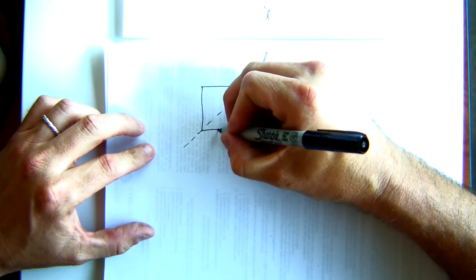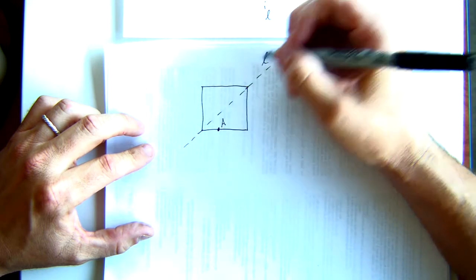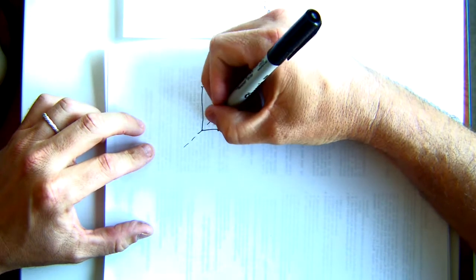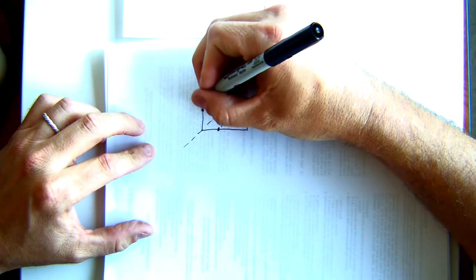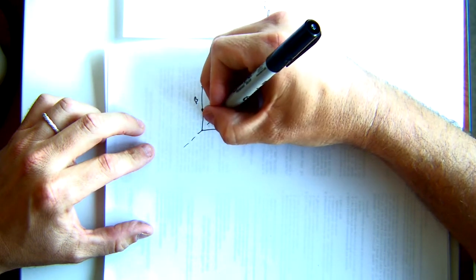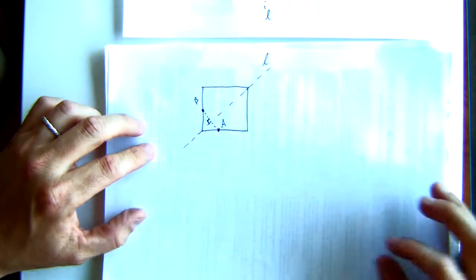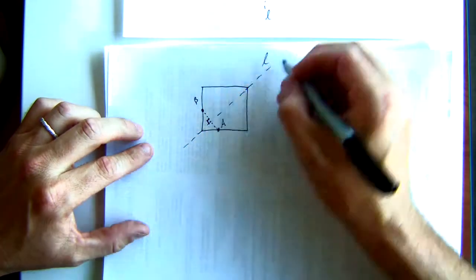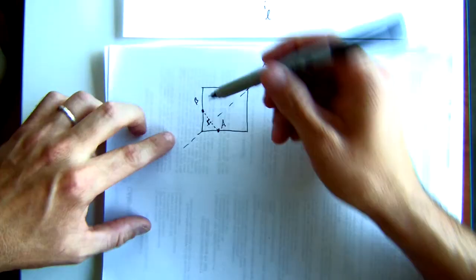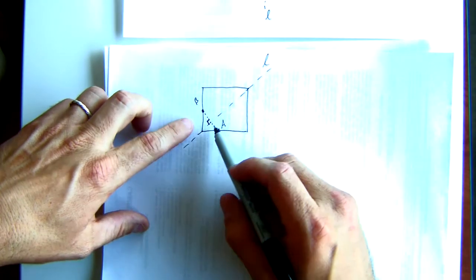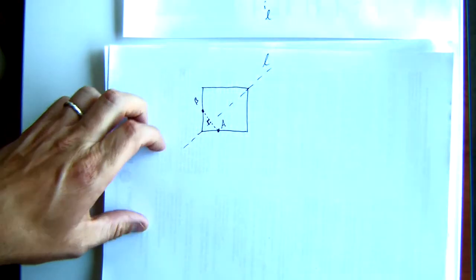So if I pick a point A, is there another point B so that if I drew a line segment between A and B, then I'd have a perpendicular bisector. This line L is the perpendicular bisector of this segment, which means it's perpendicular to the segment, and it also bisects the segment. And that's true for any other point on the square.